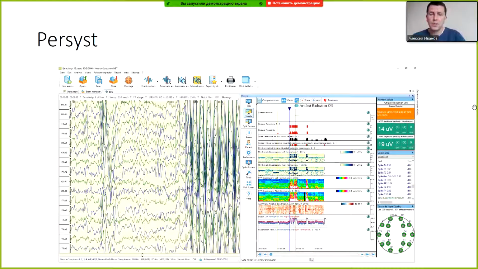Here are some examples of different kinds of trends. For example, here is the Persyst window of trends, one of the most popular EEG software in the United States. Here we can see amplitude integrated EEG, density spectral array, rhythm presented trends and others.